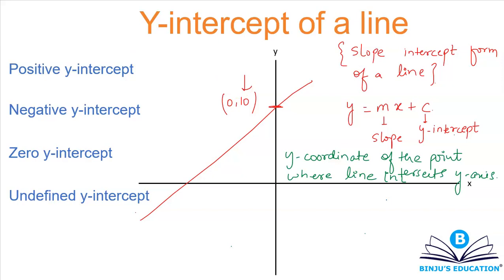Let's suppose you have another line, the blue line, and it intersects the y-axis, let's suppose at some point 0, -5. What is the y-intercept? Y-intercept is -5. So y-intercept in simple language is nothing but the y-coordinate of the point where the line intersects the y-axis.